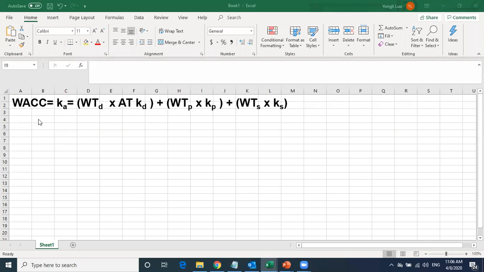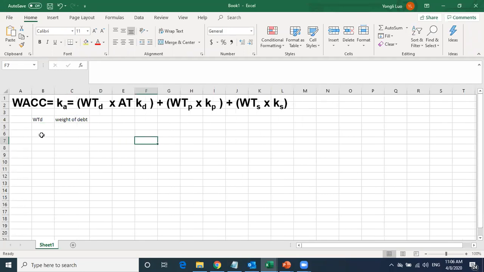And for you to calculate the weighted average cost of capital, you will see this is the weight of debt, WT and D, the weight of debt.